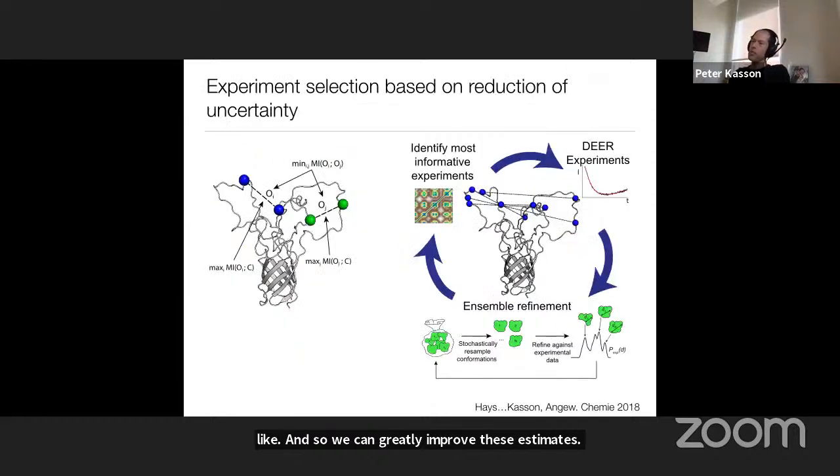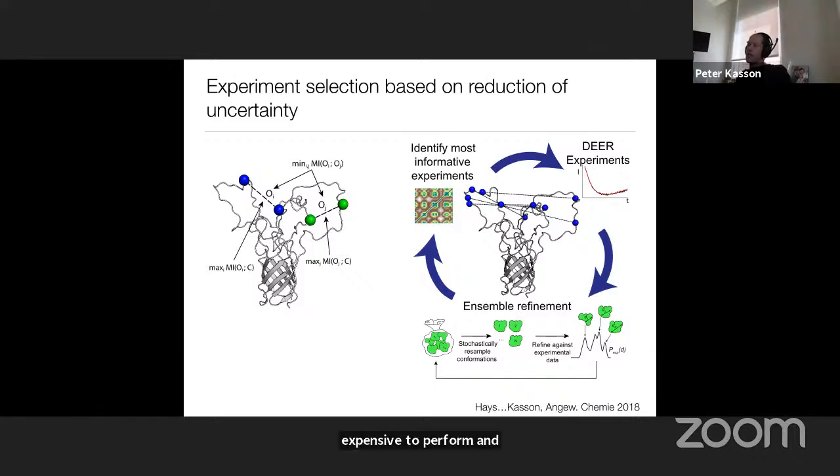What we really want to do with this is to have a statistical inference cycle for refining structural ensembles of flexible proteins, where we know how to best incorporate experimental data and then can best choose the experiments, given that these experiments are relatively low throughput and relatively expensive to perform.